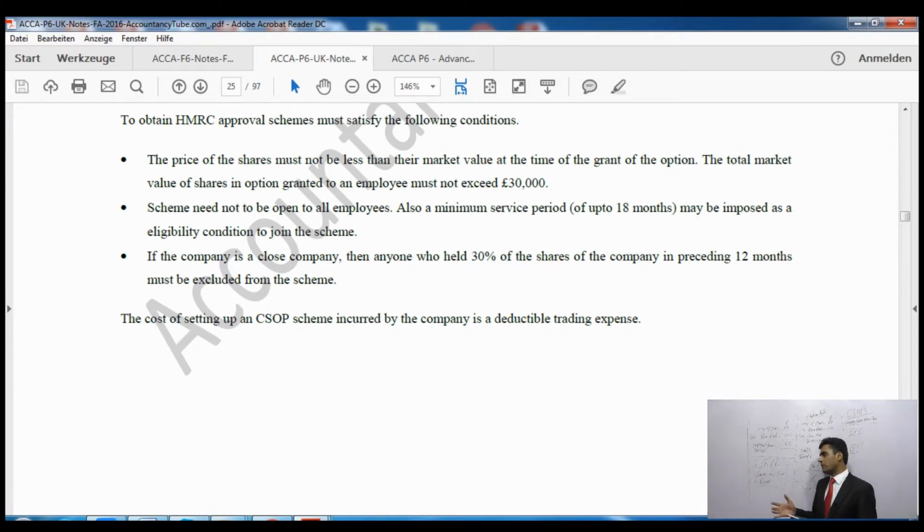Under the SIPP scheme, the price must not be less than 80% of market value at the date of grant, whereas under the ESOP scheme, the price must be 100% of the market value at the time of the grant. The total market value of the options granted to an employee must not exceed £30,000. So the maximum you can grant to one employee is options worth £30,000 of shares.